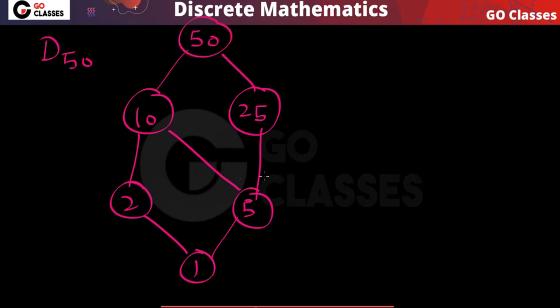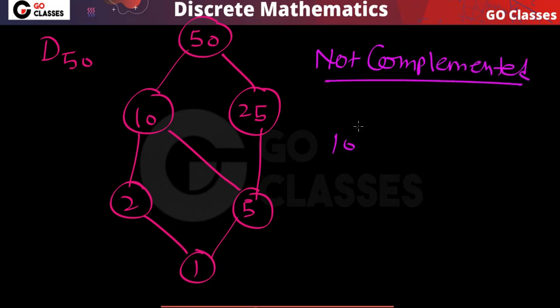So here you can clearly see that this is not complemented. Why? Just see what the complement of 10 is. The complement of 10 does not exist. There is no element which is the complement of 10.